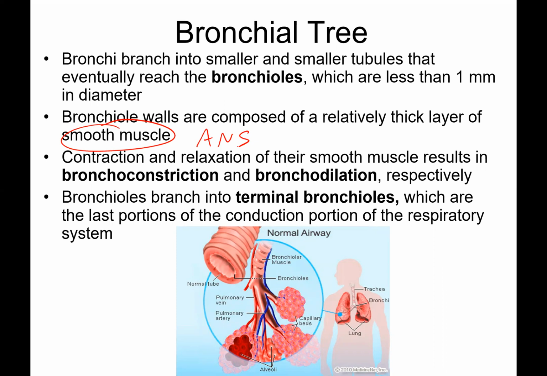And some quick and easy things: when you start to exercise and your heart rate goes up and breathing and all that goes up, you want the bronchioles to dilate. So they have the ability to bronchodilate or open up. Now the sympathetic nervous system, the SNS, is the one responsible for bronchial dilation.